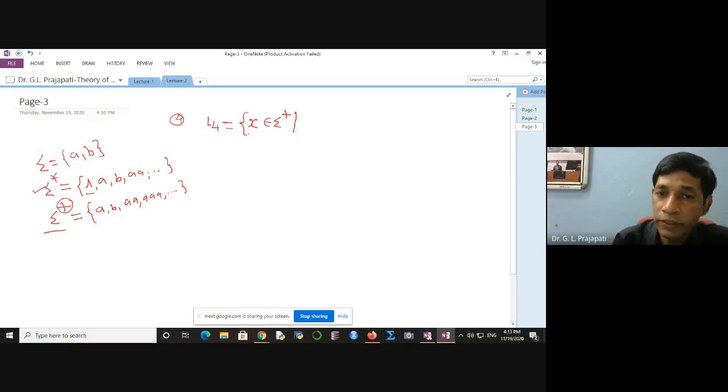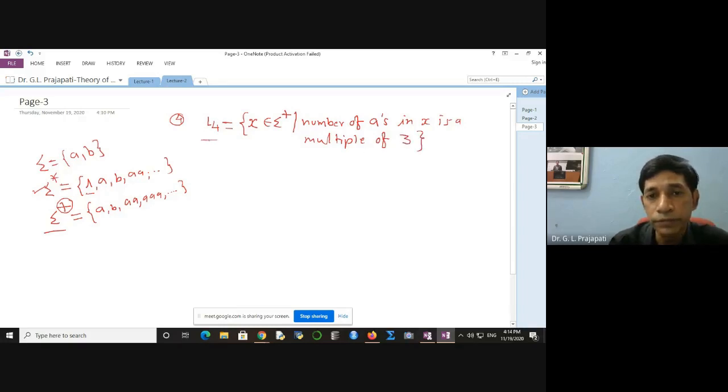So L4 is the set of strings x taken from sigma plus, such that the number of a's in x is a multiple of 3.